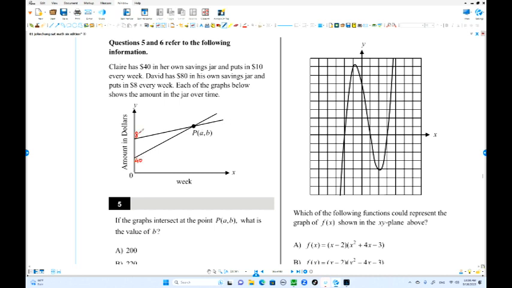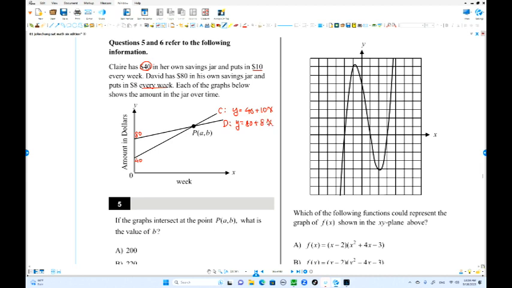This is 80, right? This is, I think, Claire, right? She starts with $40 but saves $10 every week. So this is y equals 40 plus 10 times x, the number of weeks.